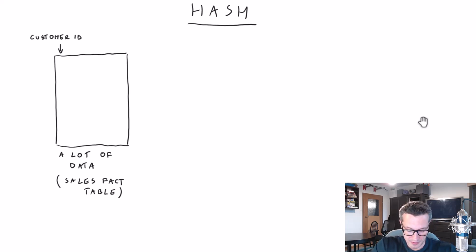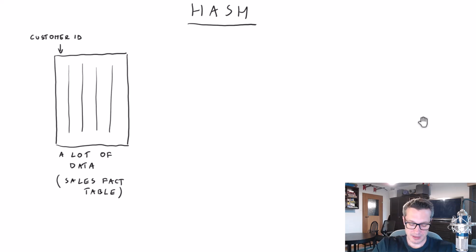And obviously we have multiple columns inside our table, and let's say that the data is as follows. The first row is for customer 1, then we have data for customer 2, for customer 5, 1, 7, 5, 10, and so on.